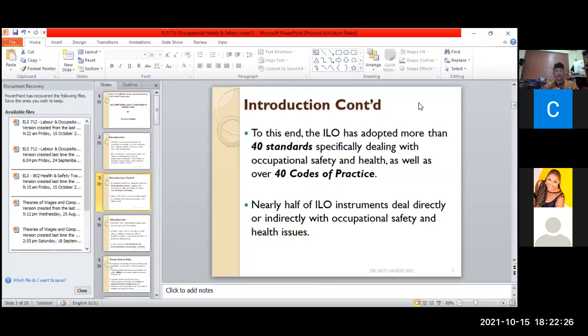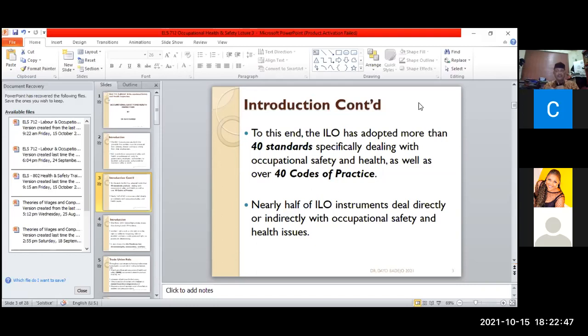You should know that the workplace is a global thing. Just last week, all over the world, the day for decent work was celebrated, and one of its focuses is to look at how occupational health and safety issues are affecting the workplace.